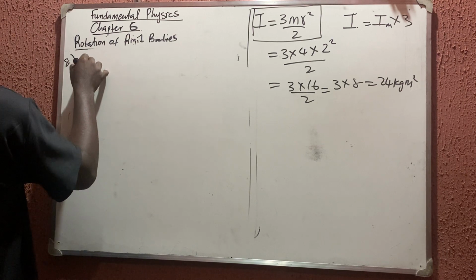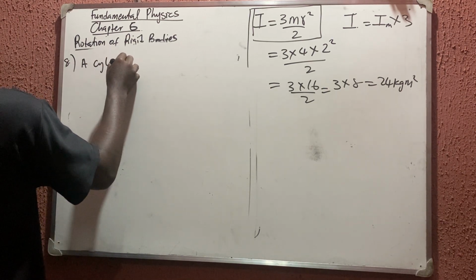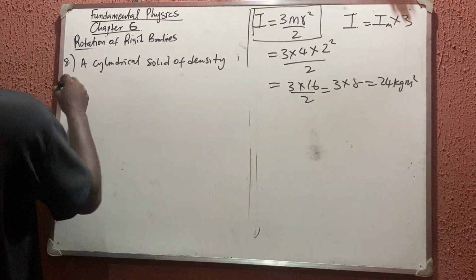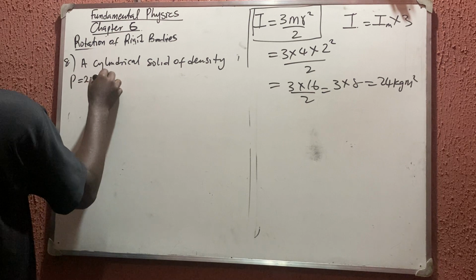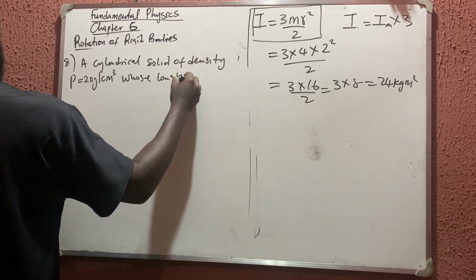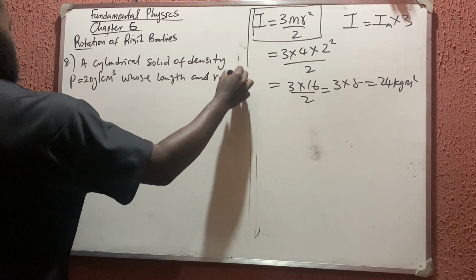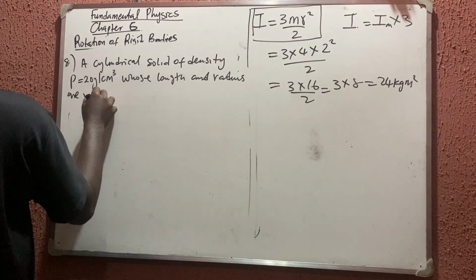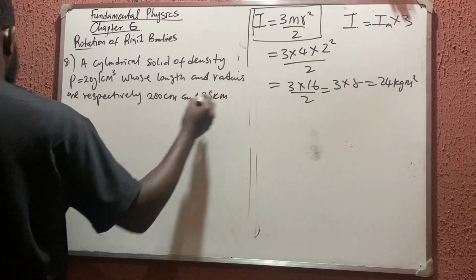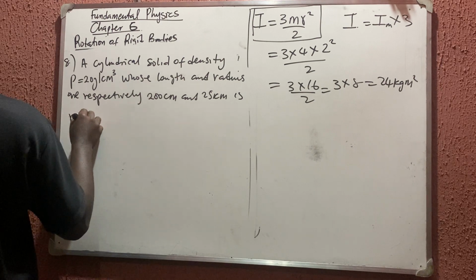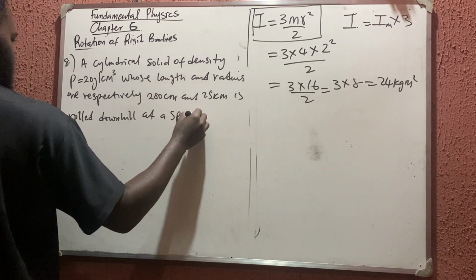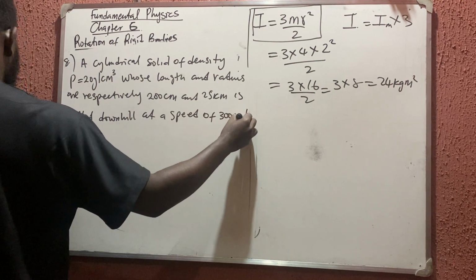I'm here for calculation. This one says that a cylindrical solid of density P, which is equal to 20 gram per centimeter cube, whose length and radius are respectively 200 cm and 25 cm, is rolled downhill at a speed of 300 cm per sec.